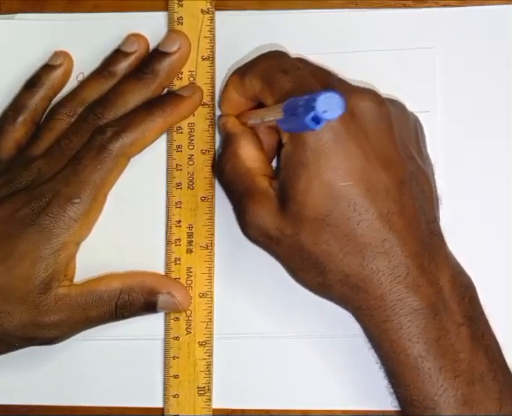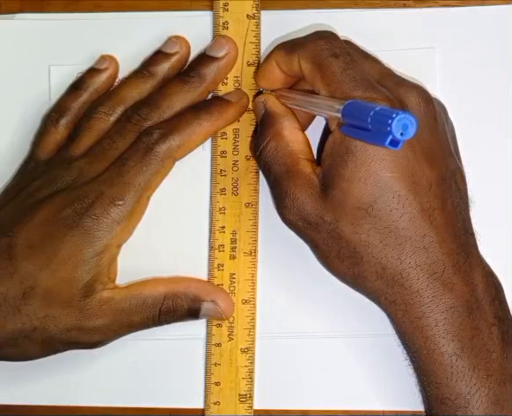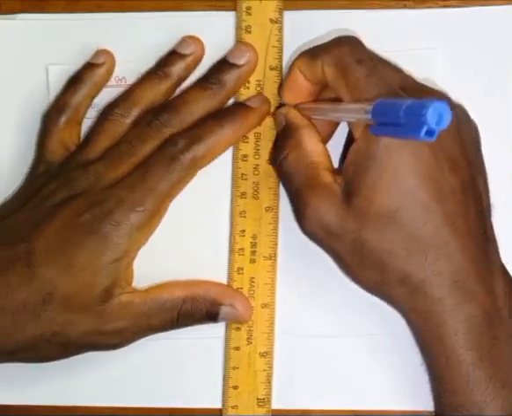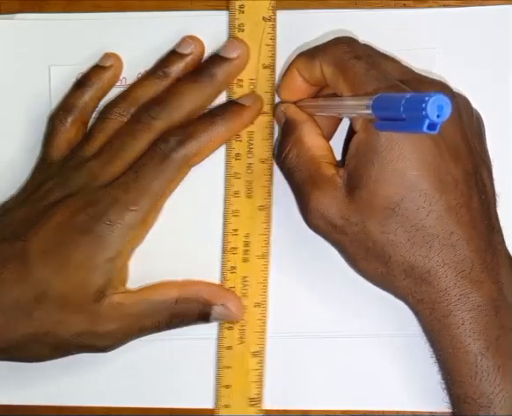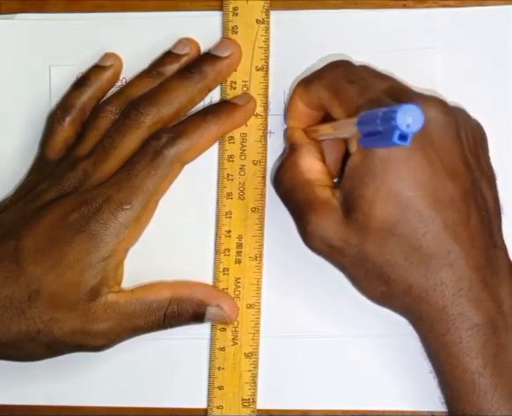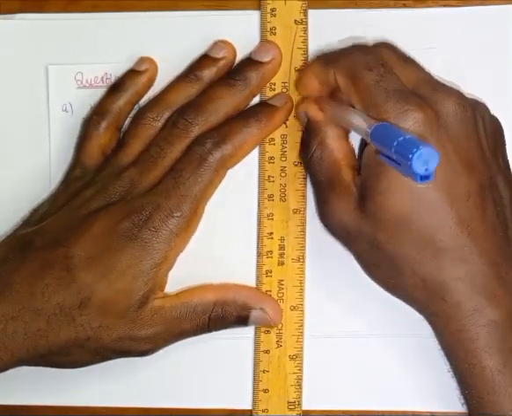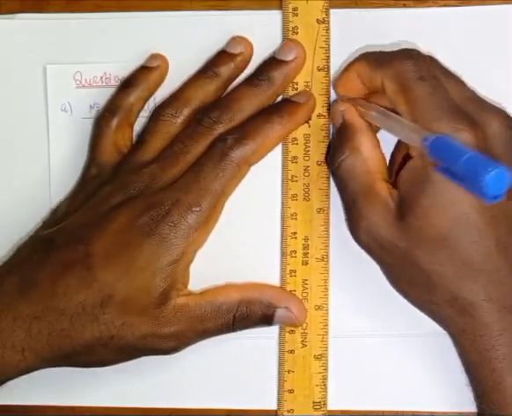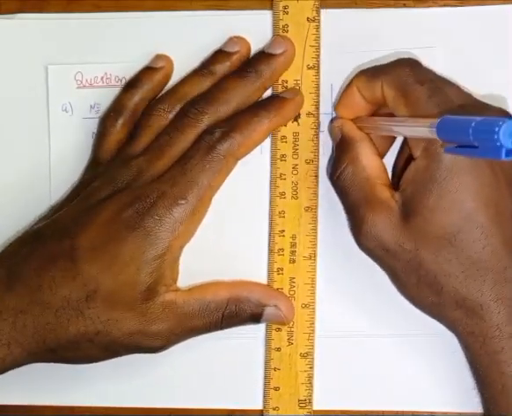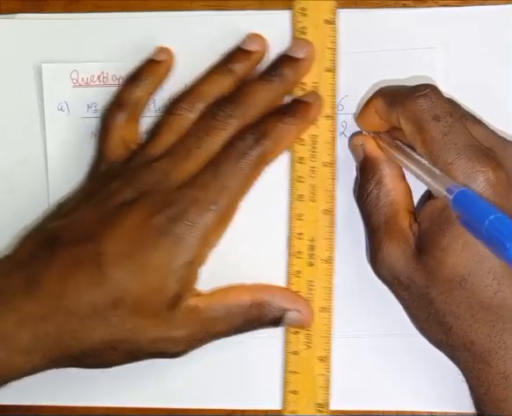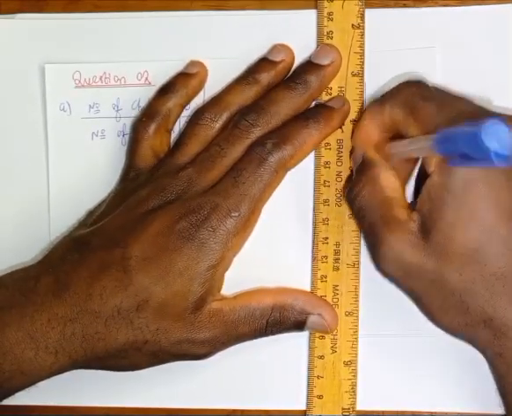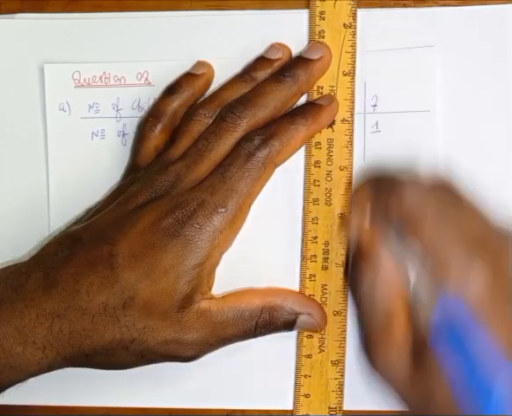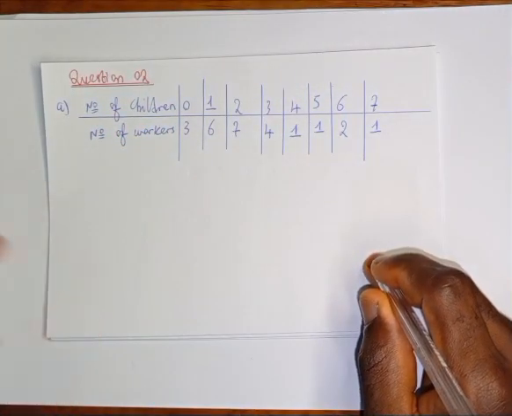For 2 children we have 7 workers. 3 children we have 4 workers. 4 children we have 1 worker. 5 children we have 1 worker. 6 children we have 2 workers. 7 children we have 1 worker. So this is the frequency table.